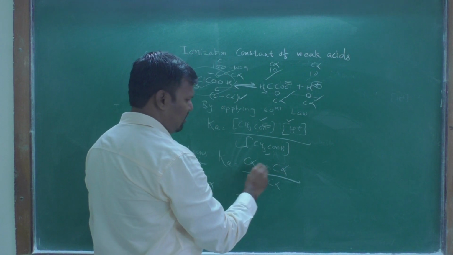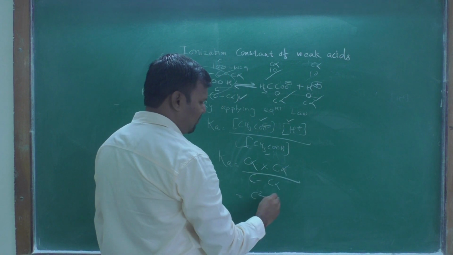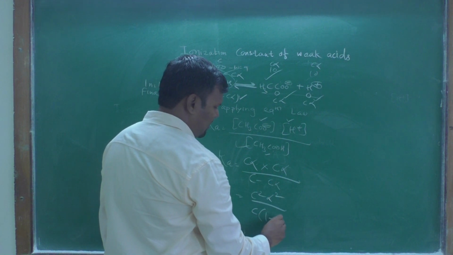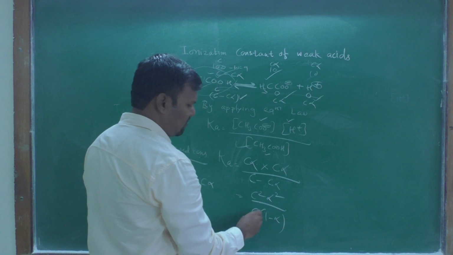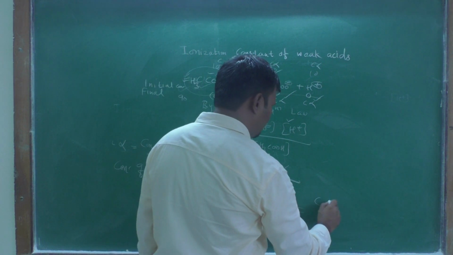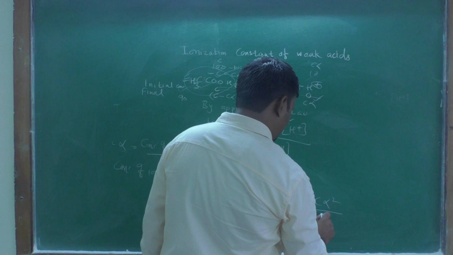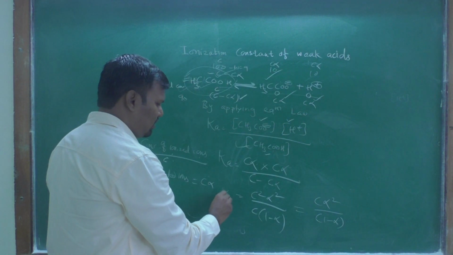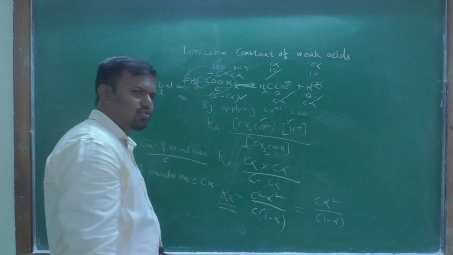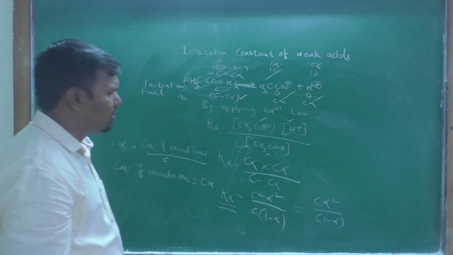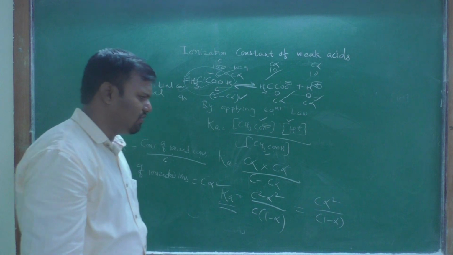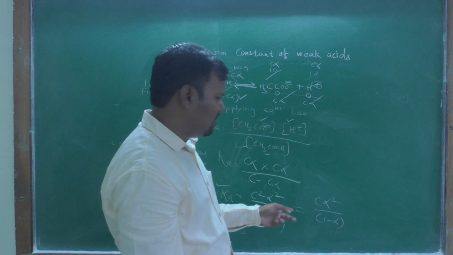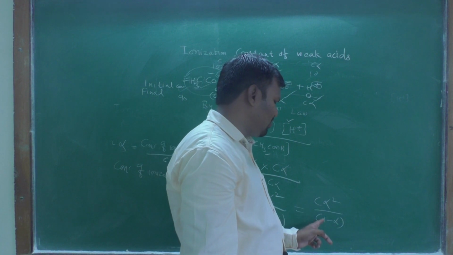Therefore C square, alpha into alpha is alpha square, taking C common, C into 1 minus alpha; C cancels, giving C alpha square upon 1 minus alpha. For a weak acid, the ionization constant K is given by C alpha square upon 1 minus alpha.